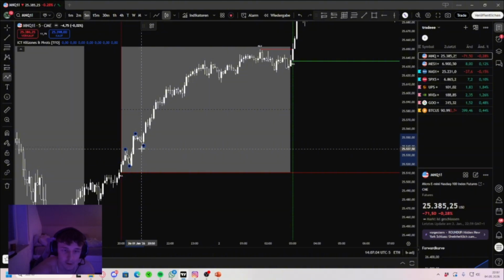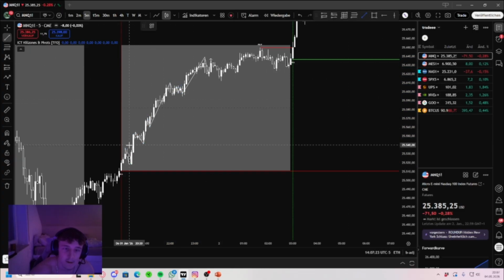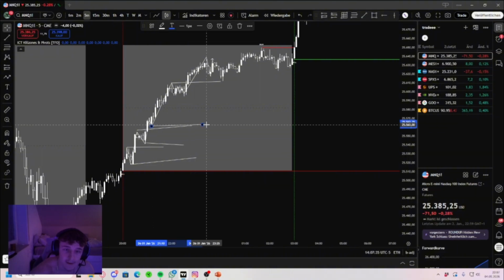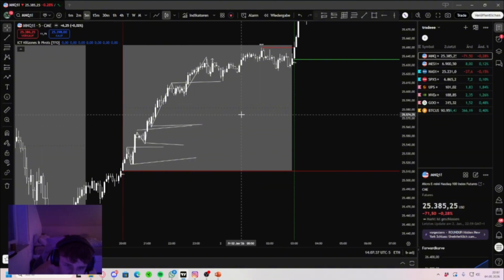Low because we move down, move up. I really can't read them, so I'm just going to start over here. As you can see, while doing that, we create higher highs and higher lows. That tells us we are basically in an uptrend.